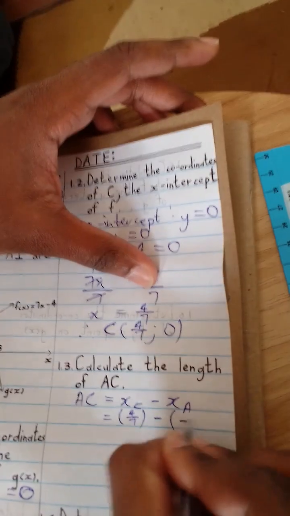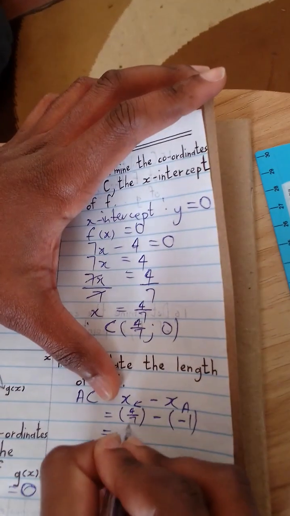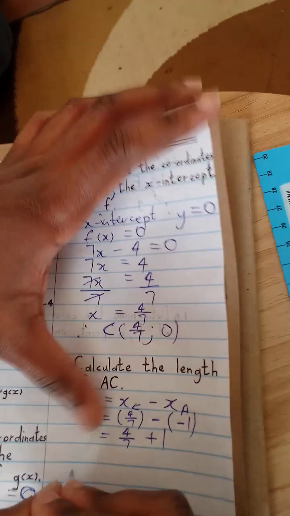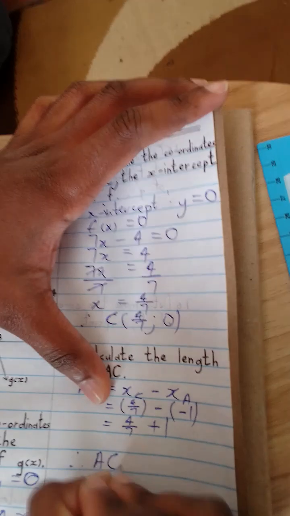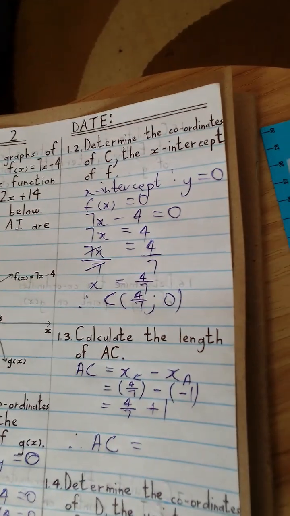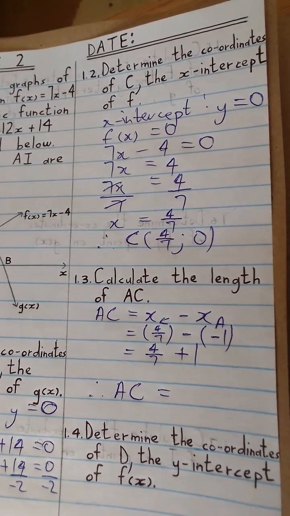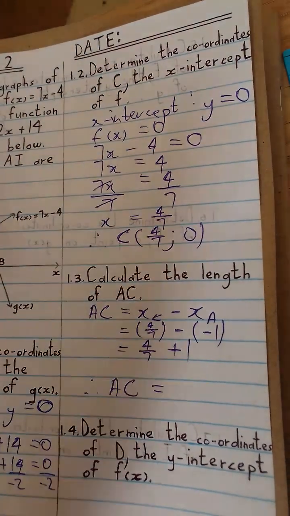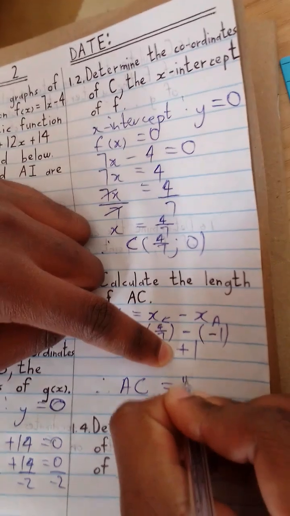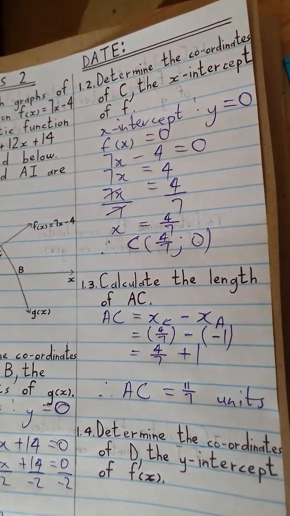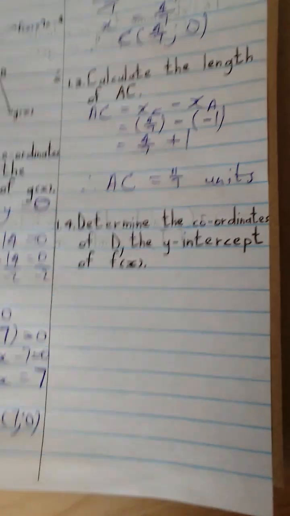Negative 1. Negative times negative is positive. So it is 1 and 4 over 7, or you can say 1,57 units. That's still fine.